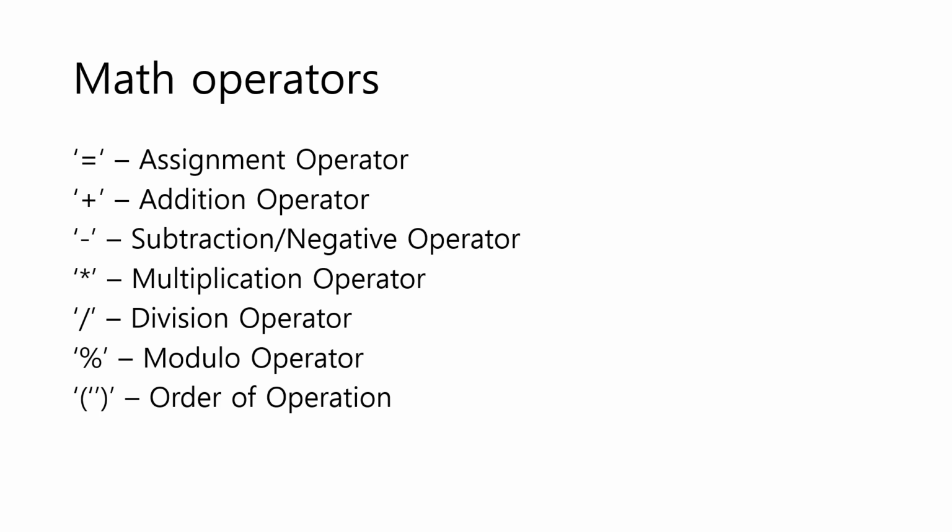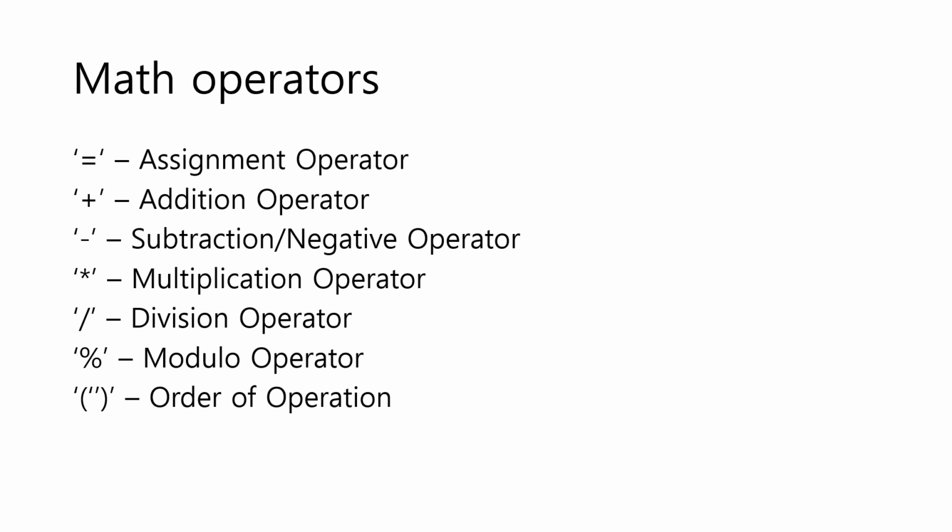Now we're going to go over operators. There are some operators in Java, and they are assignment operators, addition operators, subtraction or negative operators, multiplication operators, division operator, and modulo operator, and the basic parentheses operator.